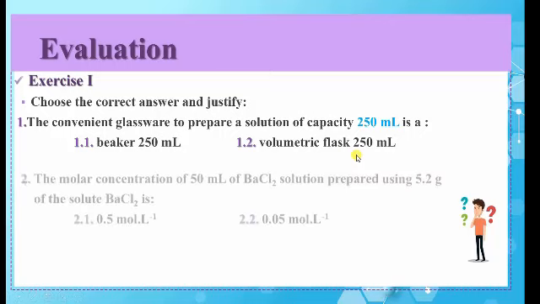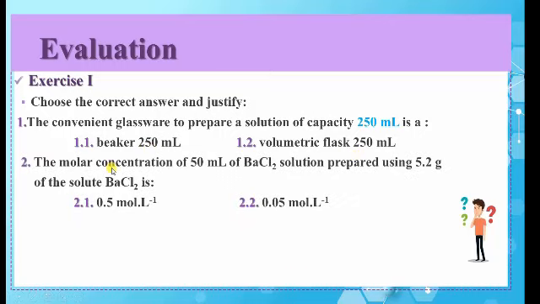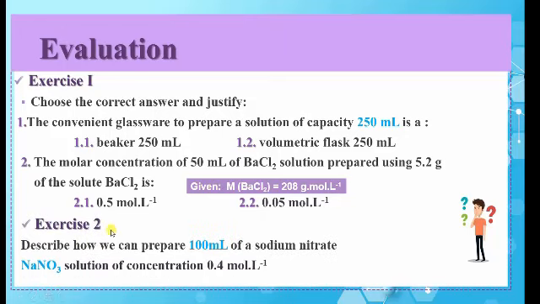Second, the molar concentration of 50 milliliters of BaCl2 solution prepared using 5.2 grams of the solute BaCl2 is 0.5 mole per liter or 0.05 mole per liter. And you need the molar mass of BaCl2 to make the calculation.